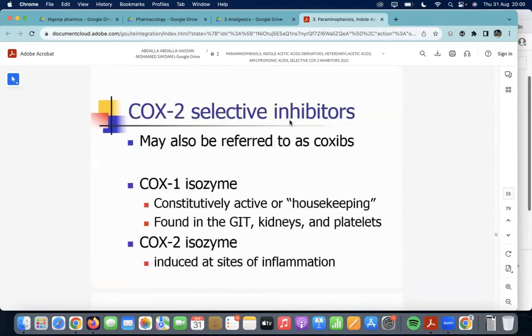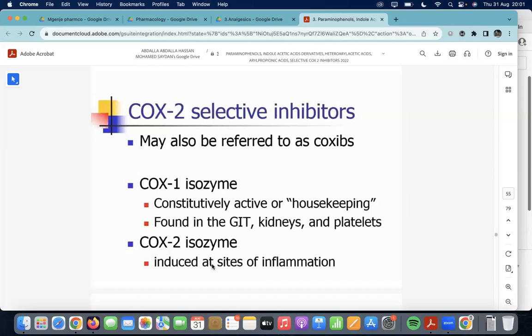Okay, COX-2 selective inhibitors. They may also be referred to as COX-SIBs. The COX-1 isoenzyme is constitutively active for housekeeping. It's found in the GIT, kidneys, and platelets. By housekeeping, it means it keeps the systems of the body intact and functioning.